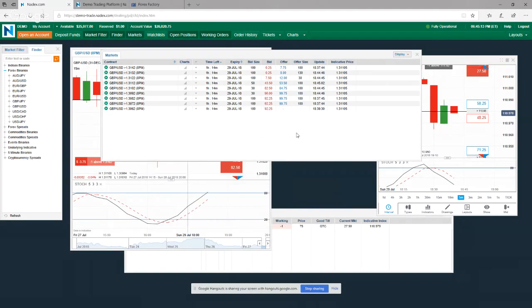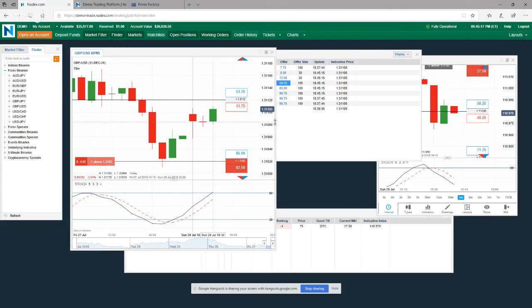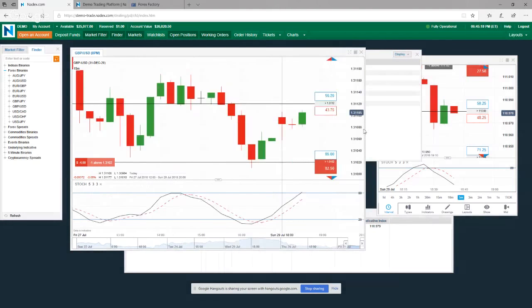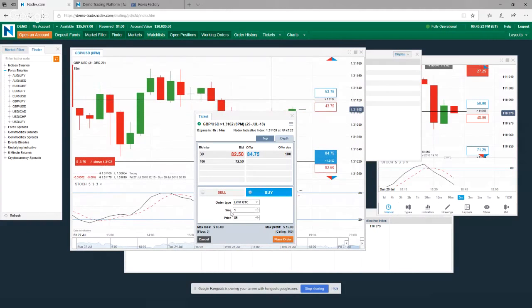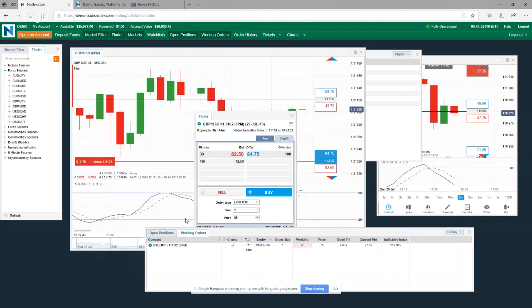Now, it will not be accurate in every case. For example, let's look at the British pound dollar. If I click on this right now and I want to exit this position, you can see that the max loss is 85, max profit is 15. That is not accurate. That is only if you are entering that position.